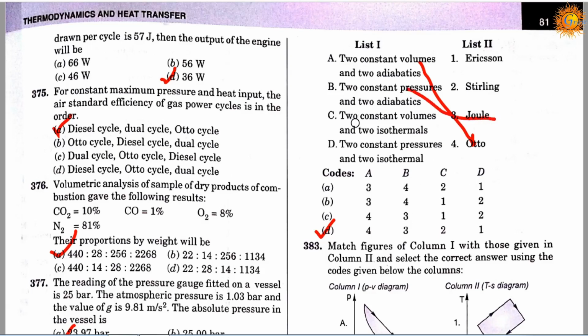And if 2 constant volumes and 2 isothermals, then it will be the Stirling cycle, and if 2 constant pressures and 2 isothermals, then it will be the Ericsson cycle.